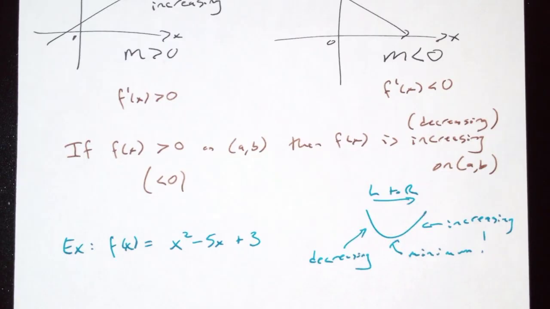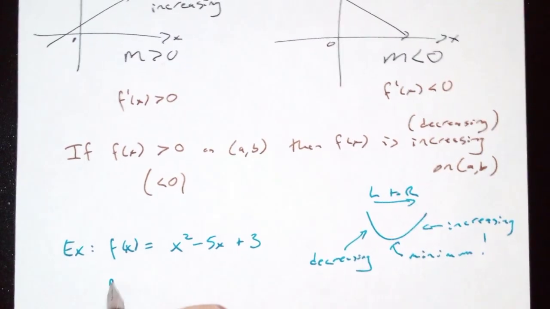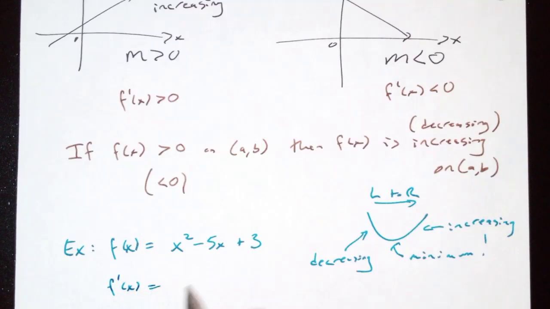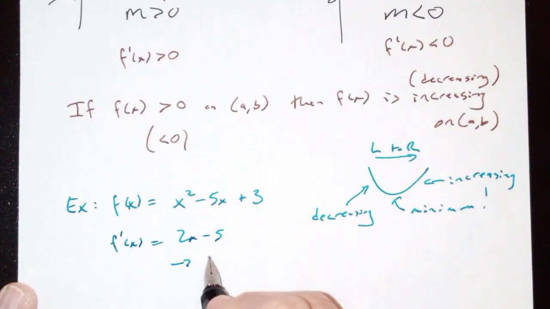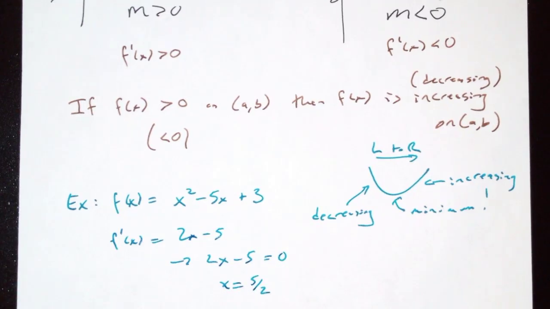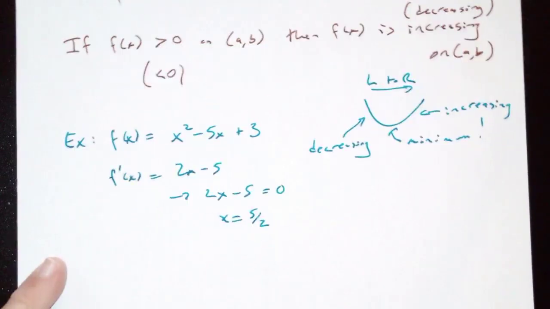So I know that if I take the derivative here, and I set that equal to zero, I found my critical number, critical value. Having that critical number means I know that everywhere else, the derivative is not zero.